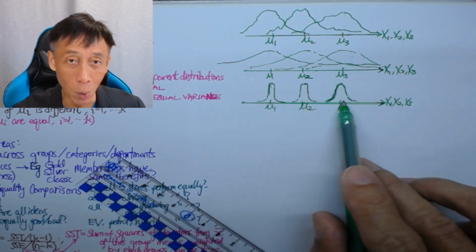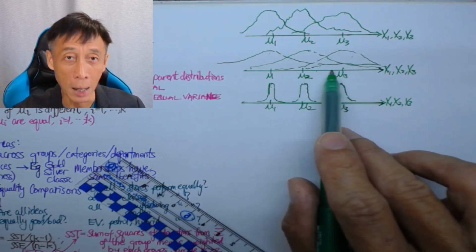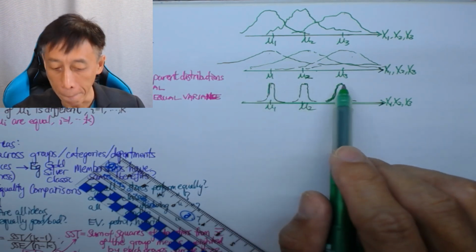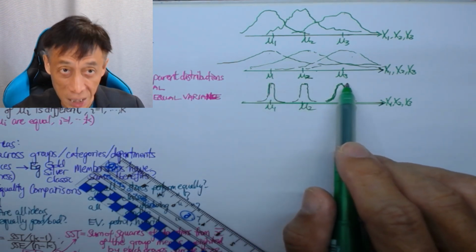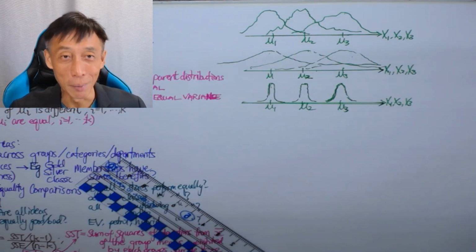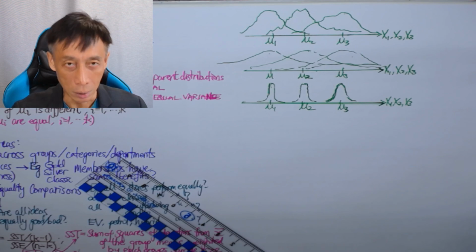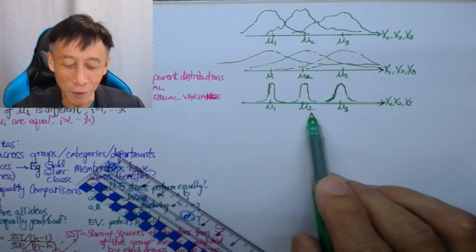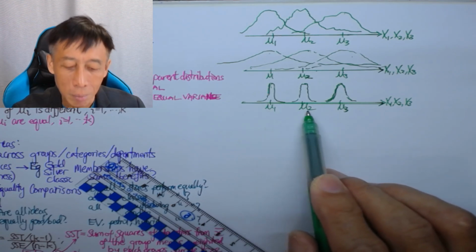So I hope now you see why variance plays a big part in trying to distinguish the three means, the population means. In my bird, plane, Superman example, the mean is a picture, a shape, the identification of bird, plane, Superman.